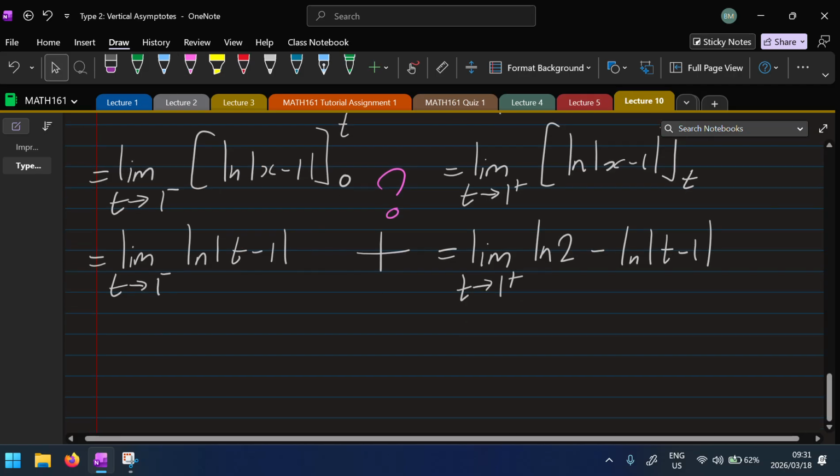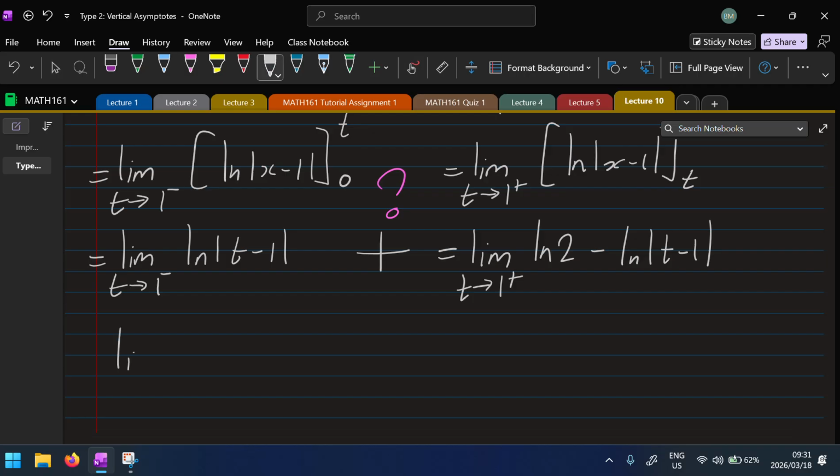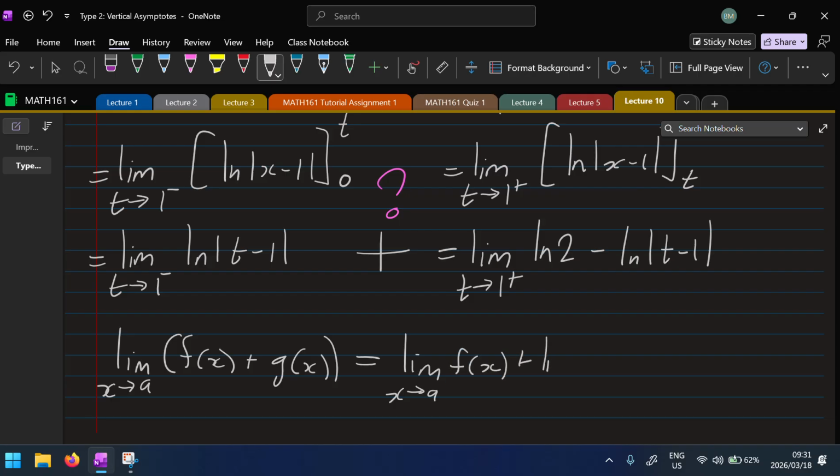Remember your limit laws from last year? So if we have the limit x going to a, f of x plus g of x is equal to the limit x goes to a, f of x plus the limit x goes to a of g of x. Right, that was like the first limit law we wrote down.